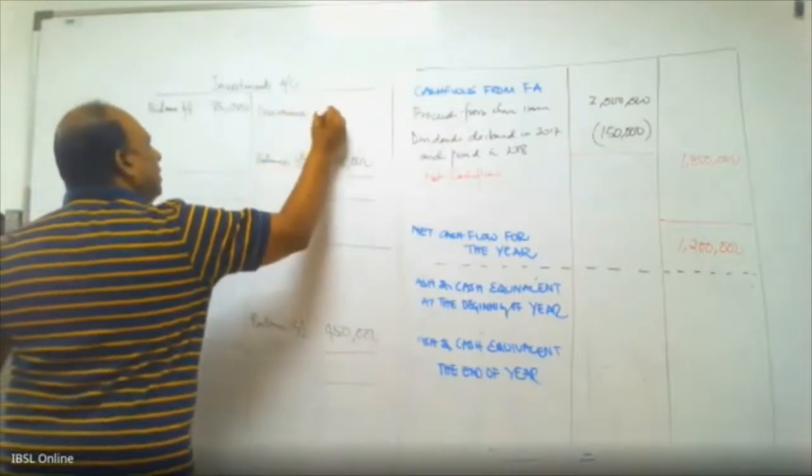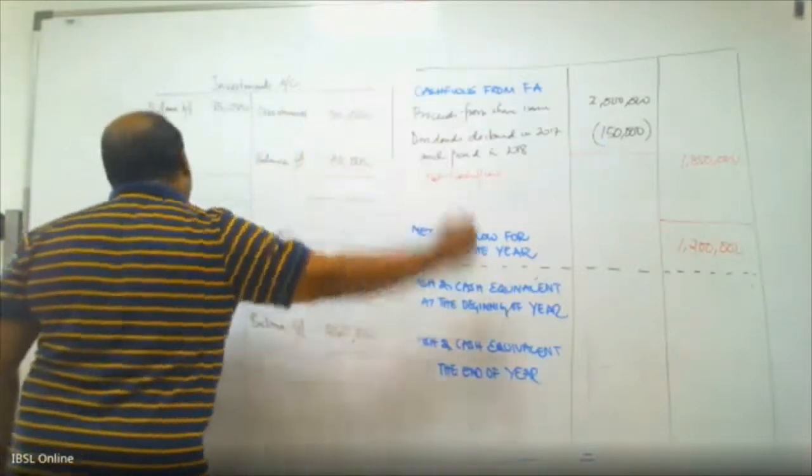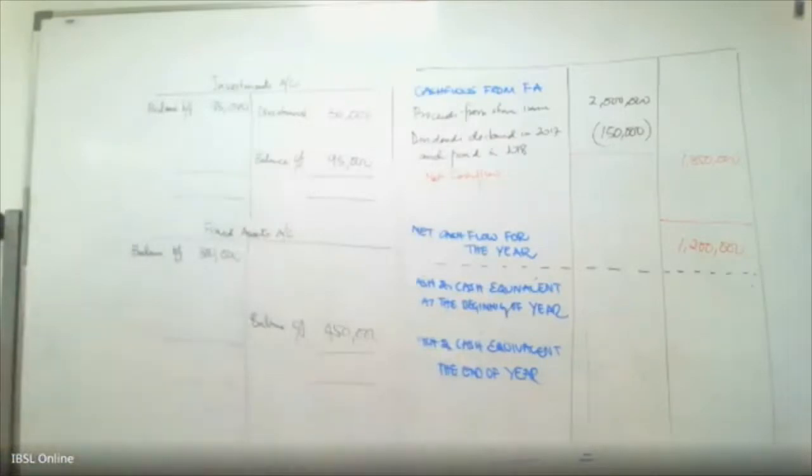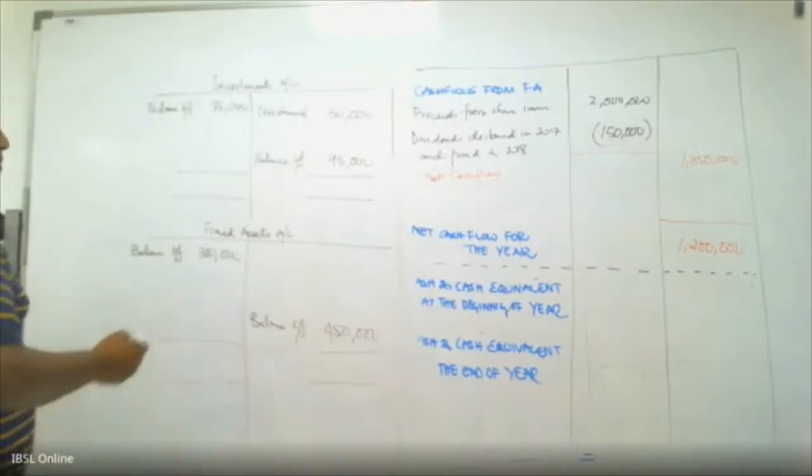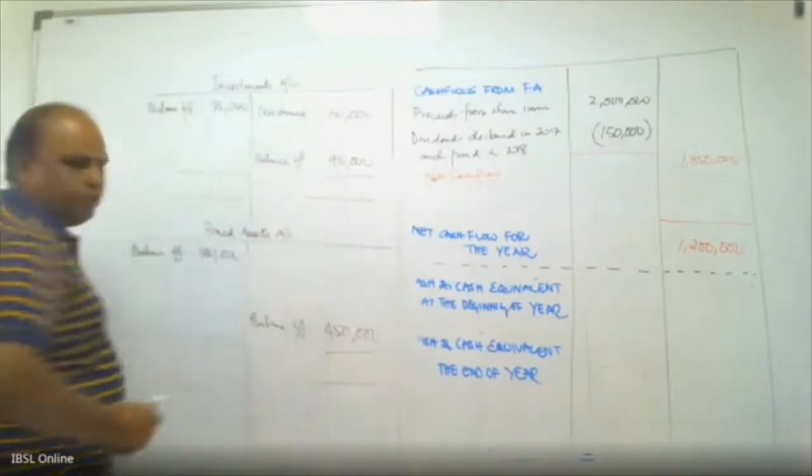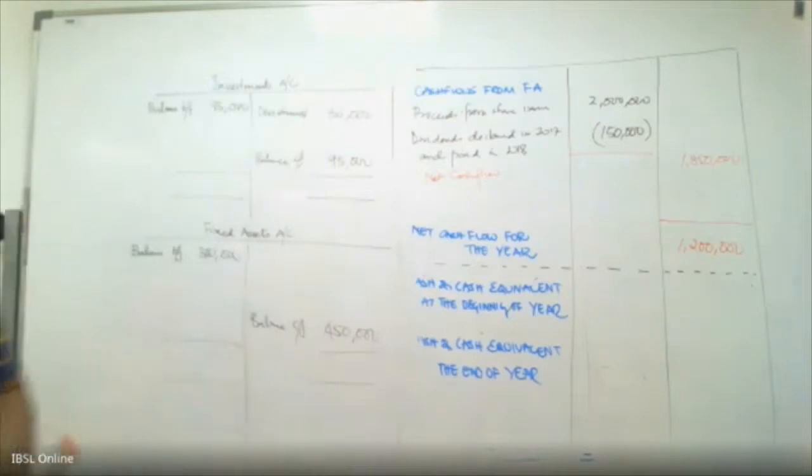It will be 30,000. So that is gone out for 30,000. Now let's try to balance this account. Sorry, we haven't gone through the remaining items. Let's go through the information given, then we'll come to the balancing of the account.